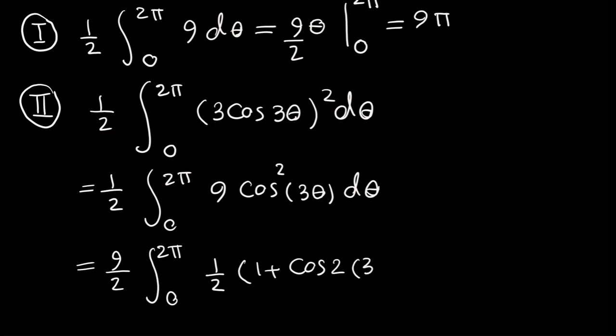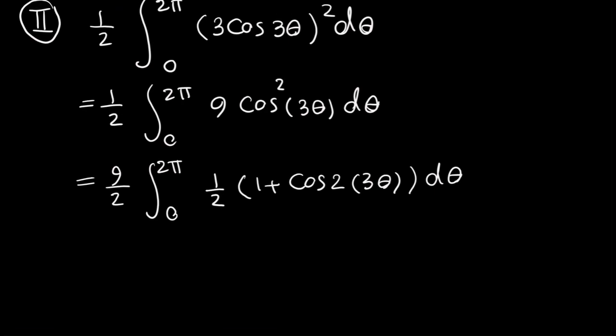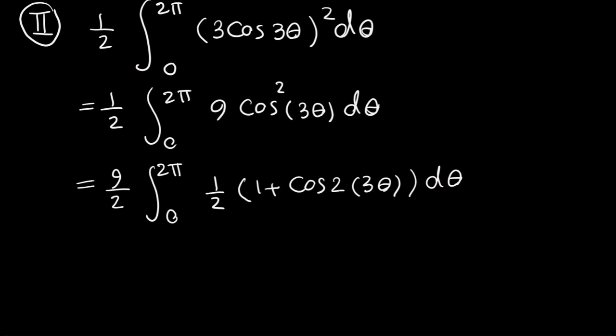Let's multiply 1/2 by 9/2. So we have 9/4 integral from 0 to 2 pi of 1 plus cosine of 6 theta d theta.